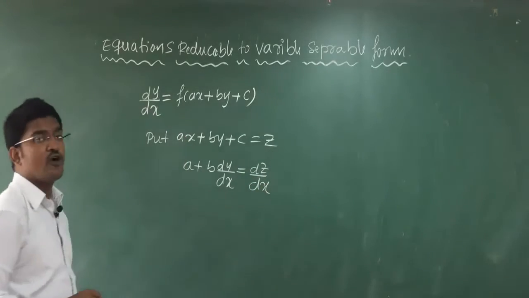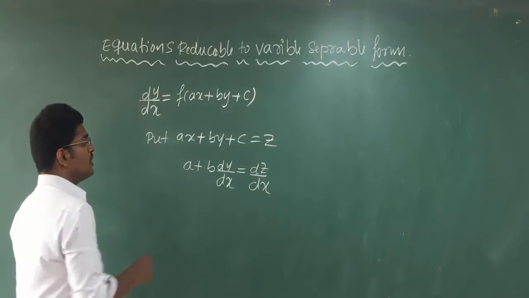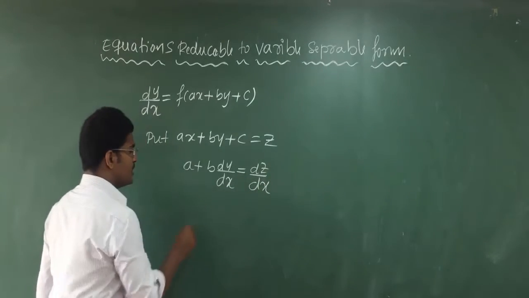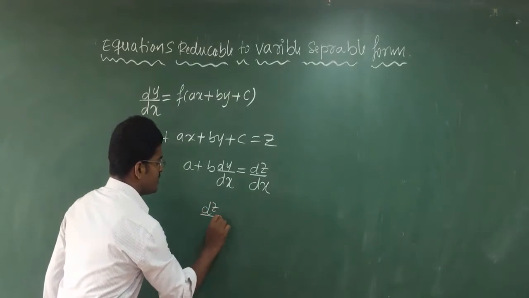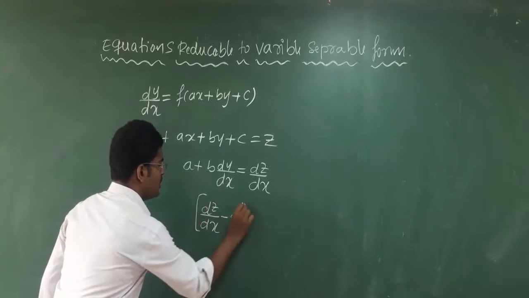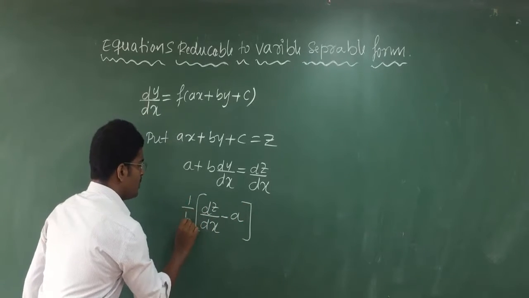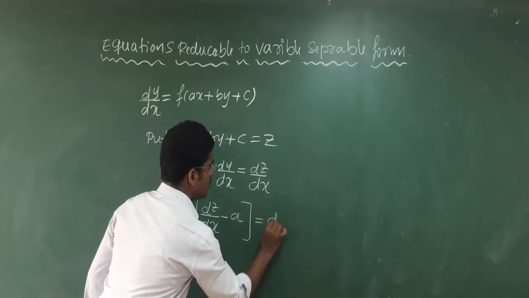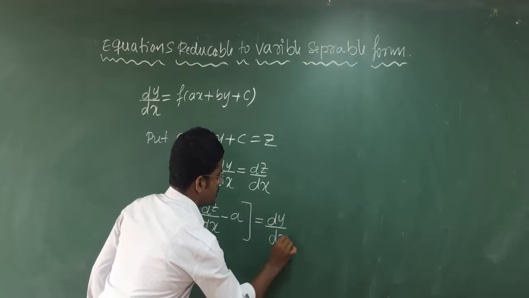So this will be the form. Now if I take a to the other side, it will be dz by dx minus a, into 1 by b, equal to dy by dx.